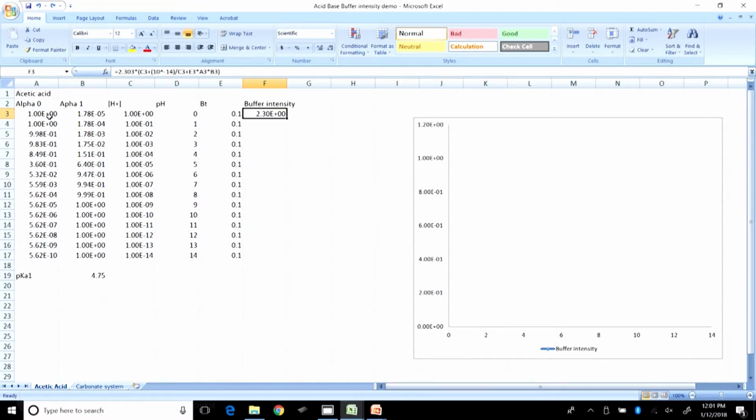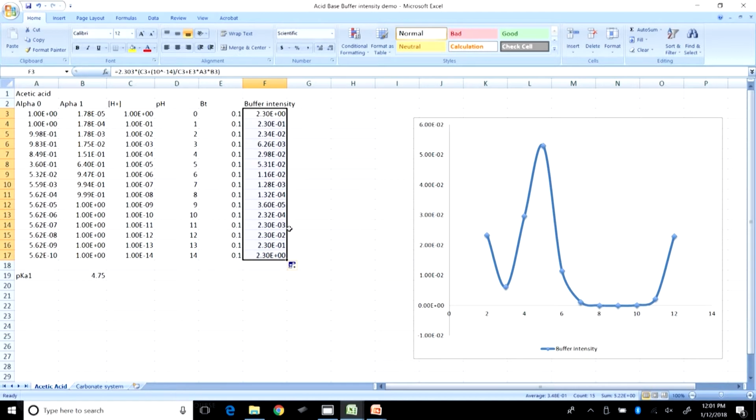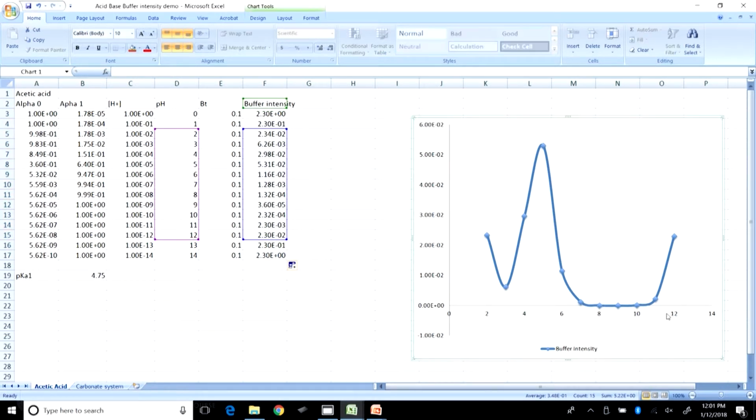So we looked at alpha naught and alpha 1, and now we are trying to get at buffer intensity. I'm just calculating the formula. Okay, so I already plugged in the relevant data here.